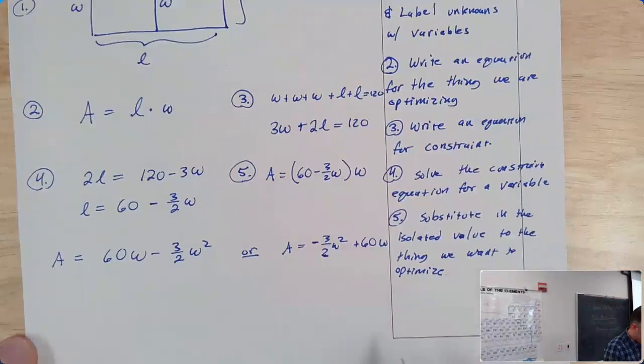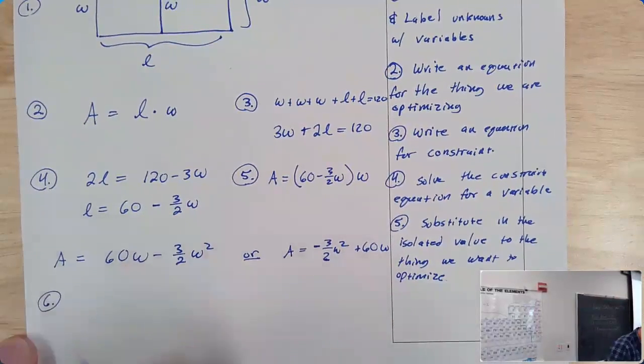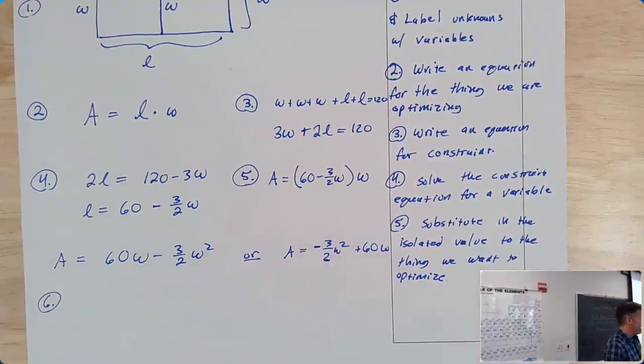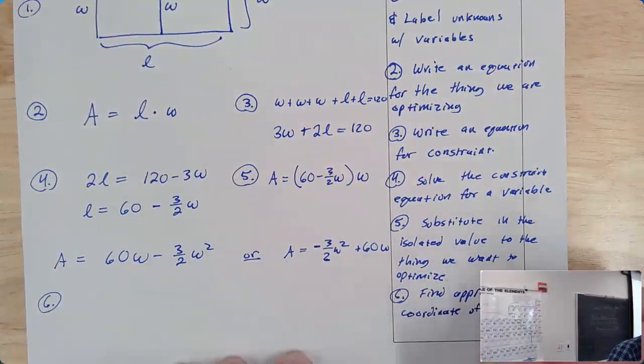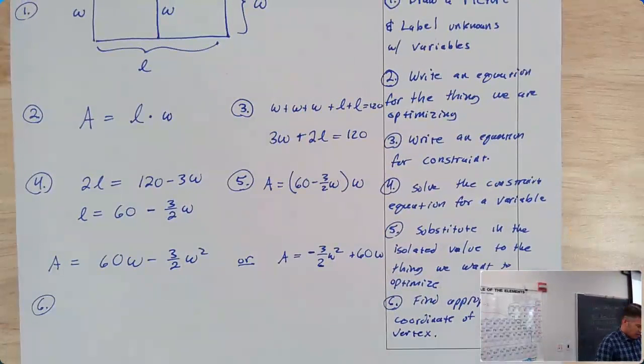All right, so then we're going to find the vertex, because that's how we find the maximum or minimum value of a parabola. So I'm going to find the appropriate coordinates of the vertex, using my usual way of finding the vertex of a parabola.